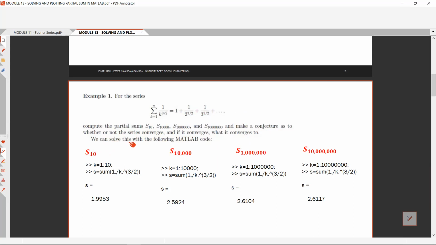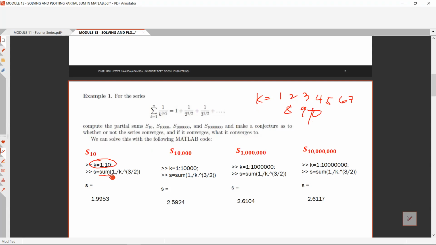So we can solve this with the following Matlab code, taking the sum. What will happen is we create a matrix, or an element k. When we put this, it will give you values of k that are 1, 2, 3, 4, 5, 6, 7, 8, 9, 10, which is 10 elements of k.